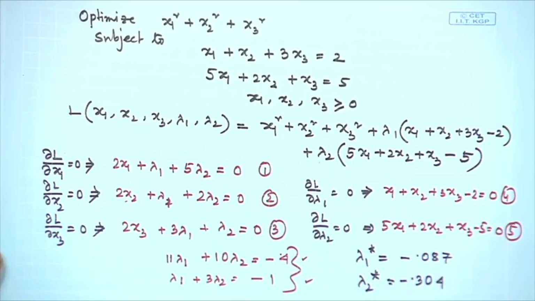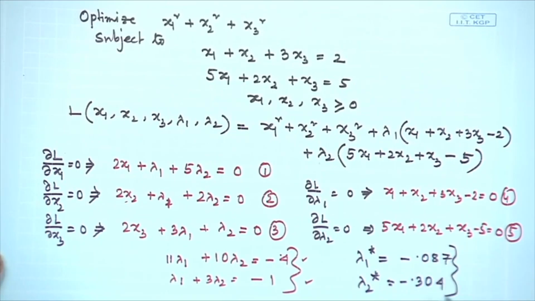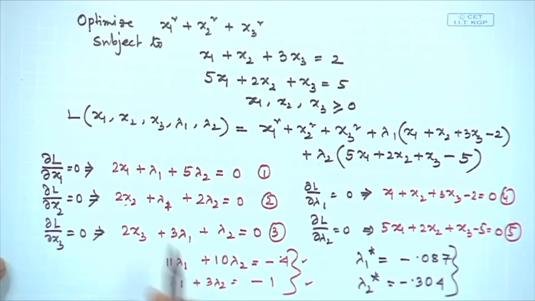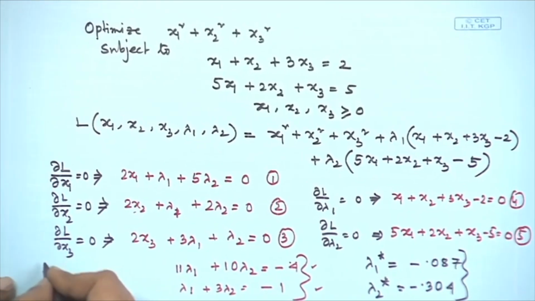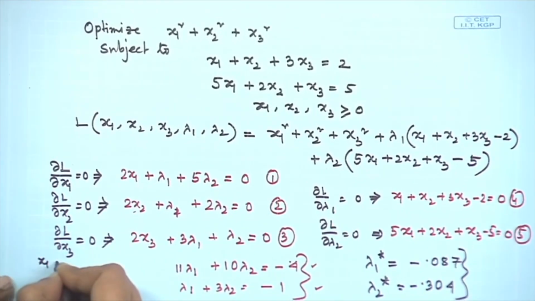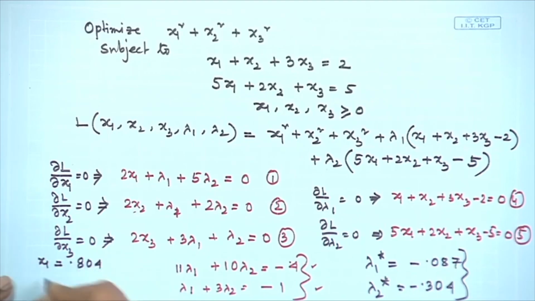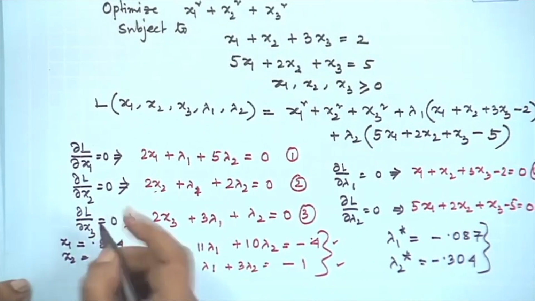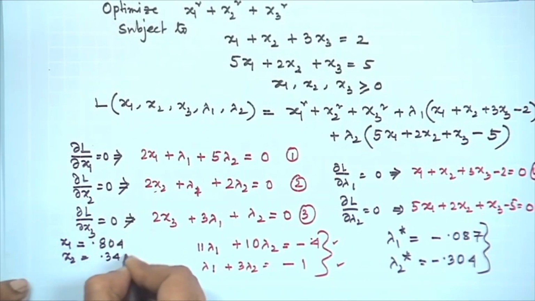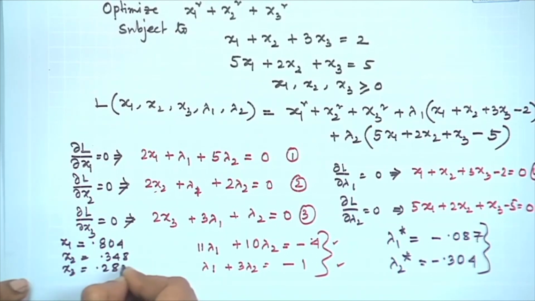Alright. Once we know the values of lambda 1 star and lambda 2 star, if we substitute in equation 1, we get the value for x1 equal to 0.804, x2 equal to 0.348, and x3 equal to 0.283.